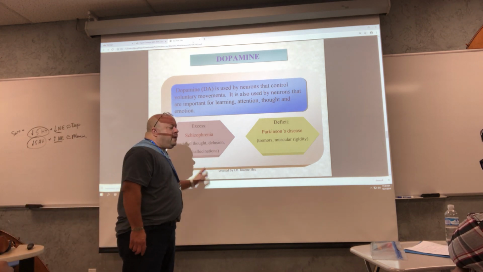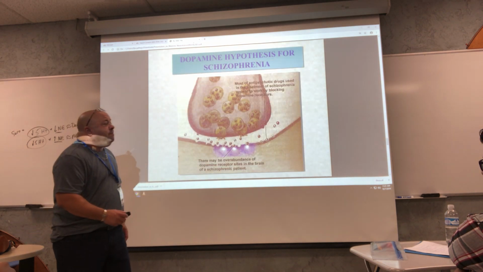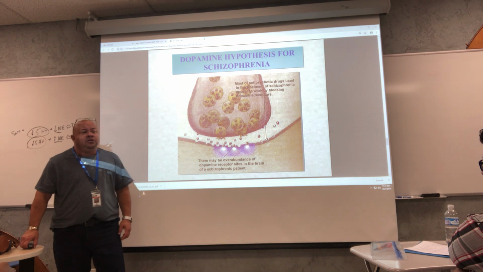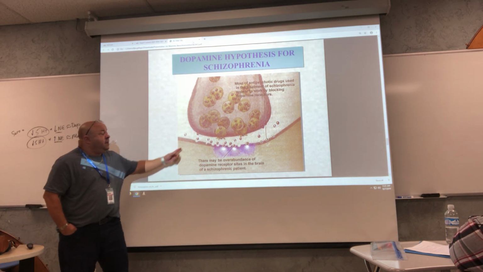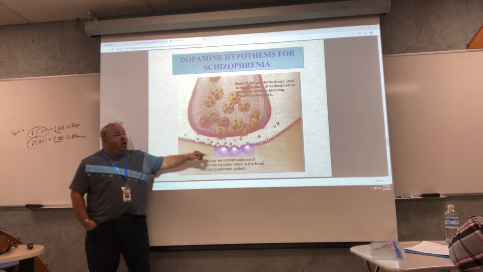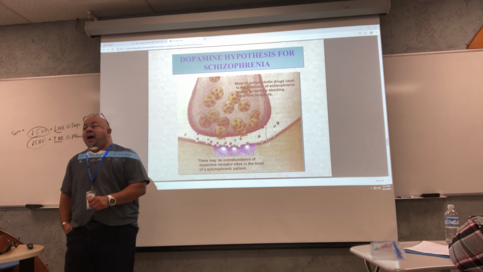Now, what's happening in schizophrenia is that the hypothesis is that there are too many receptor sites for dopamine. So if there are too many receptor sites, then all of these little dopamine molecules are going to find a place to bind.